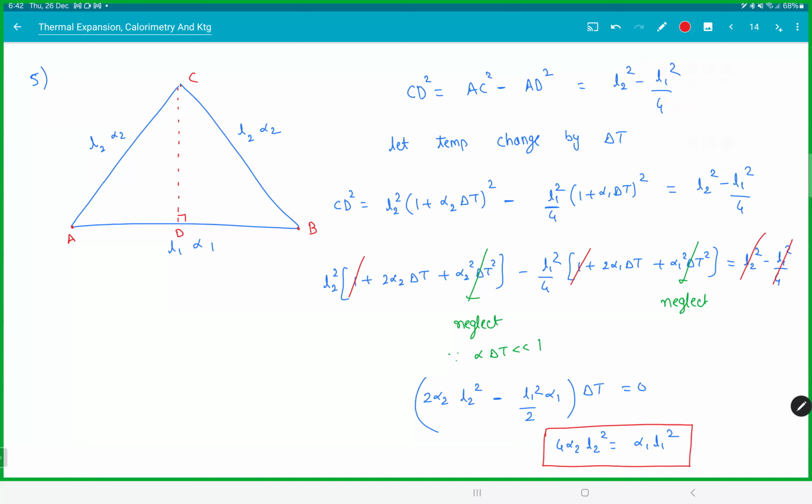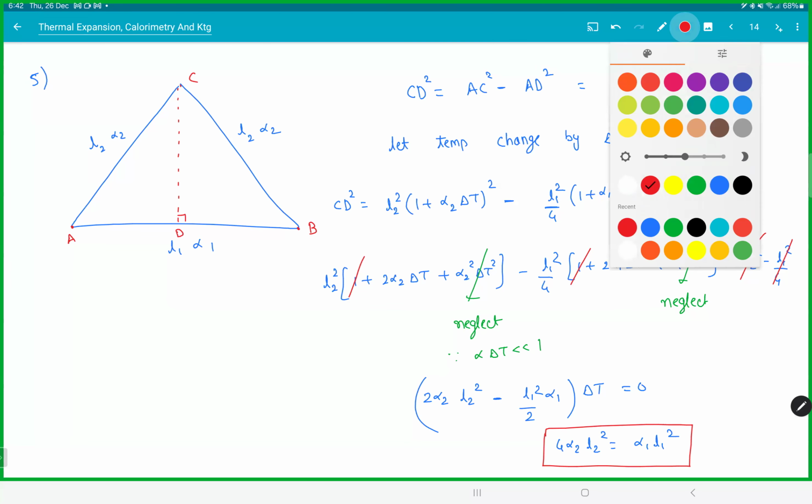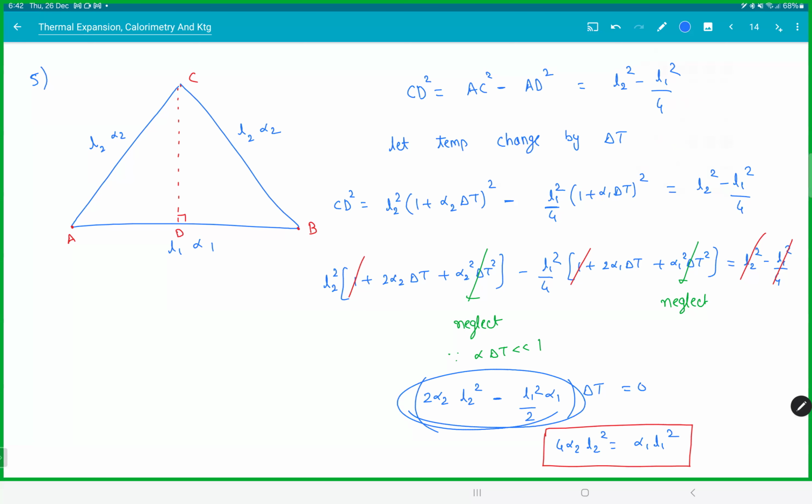Check. The answer should not have delta T, isn't it? No matter whatever the temperature change delta T is, if this coefficient is 0, independent of delta T, you'll always get the same length. Check.